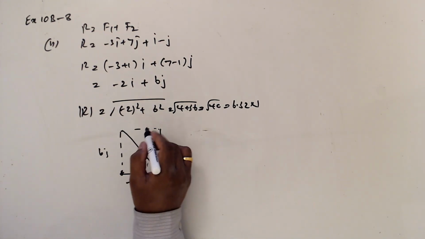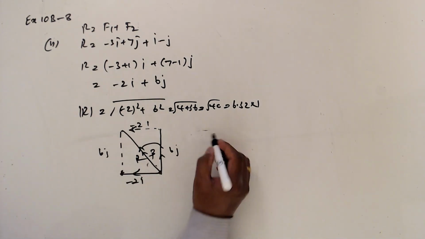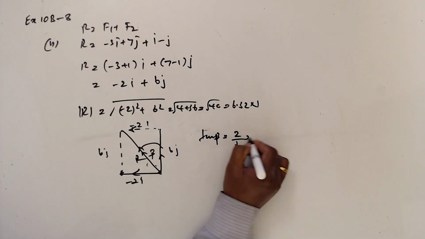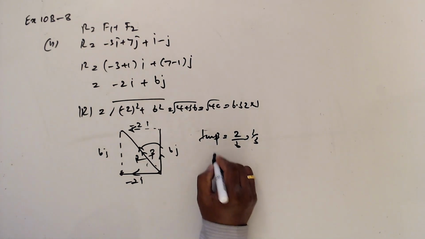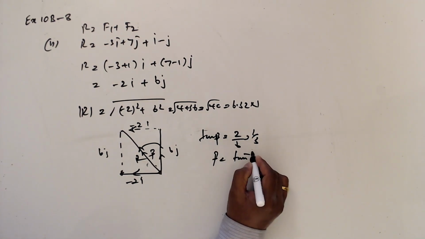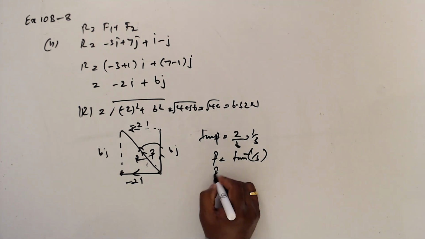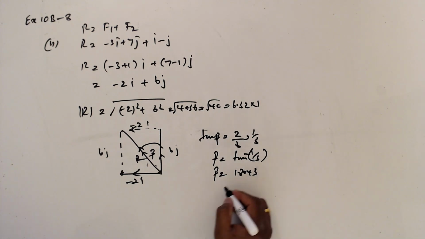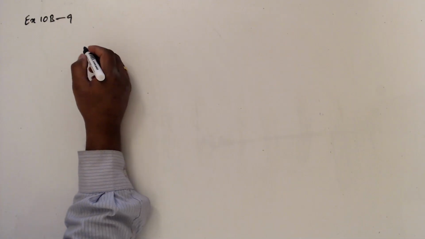This is going to be minus 2i in this direction. Tan beta equals 2 over 6, which is 1 over 3. So beta equals tan inverse of 1 over 3, which is 18.43, approximately 18.4.